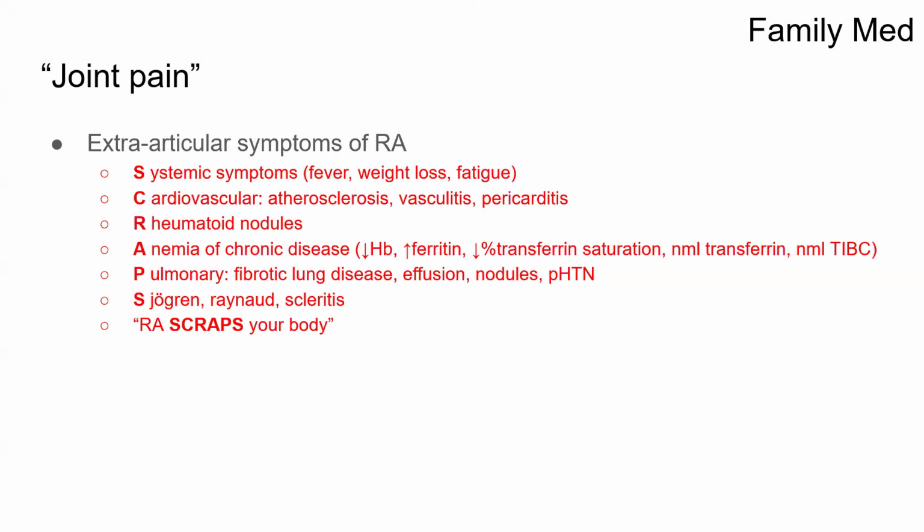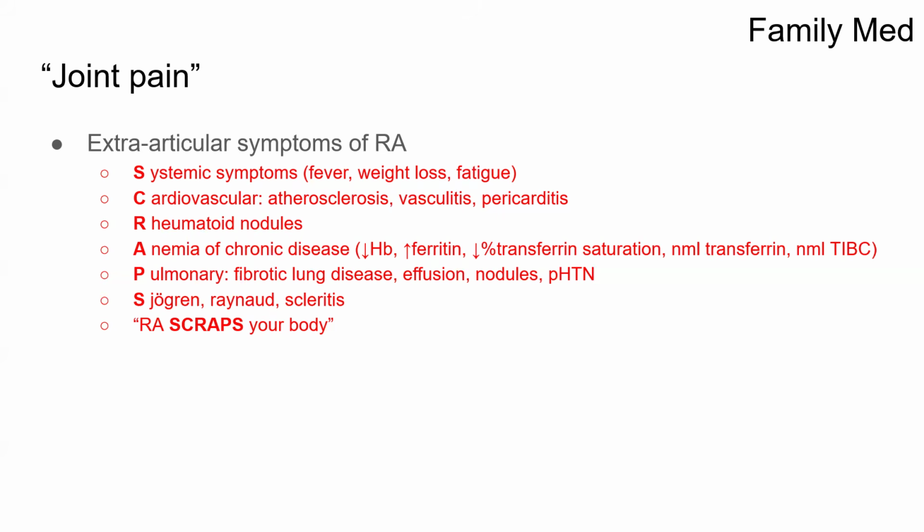You can have pericarditis. You can have rheumatoid nodules, which are those bulges under the skin. You can have anemia of chronic disease. So if they have a decreased hemoglobin and an elevated ferritin, you'll want to think about anemia of chronic disease. From a pulmonary standpoint, you can have fibrotic lung disease, you can have effusions, you can have nodules, and you can have pulmonary hypertension.